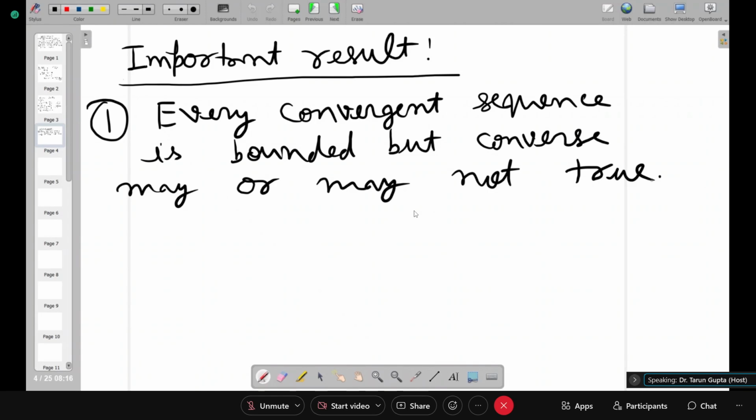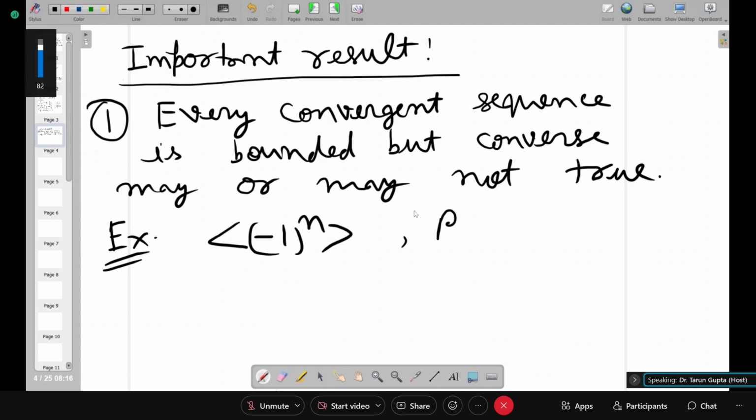We cannot say. Why? By taking the example, if I am taking this sequence, minus 1 to the power n. This is a bounded sequence. Here the bounded below element is minus 1 and bounded above also, because in the range set if you see, minus 1 and 1 will come.